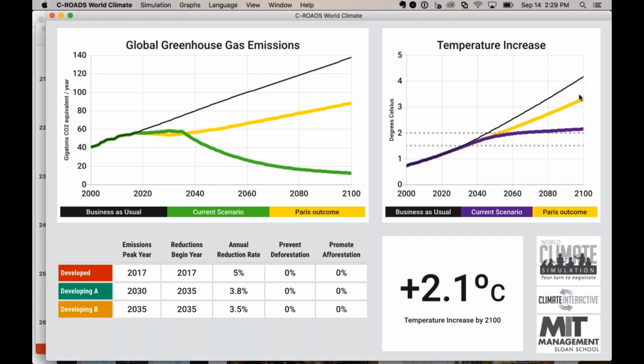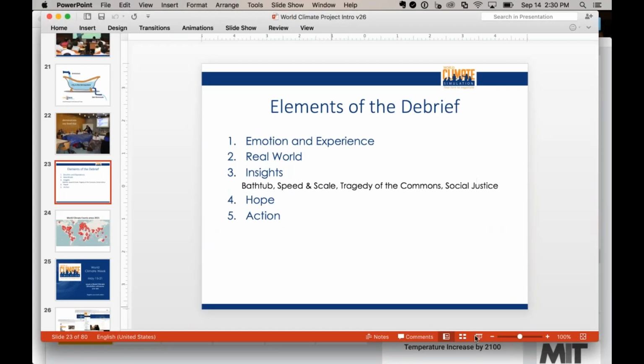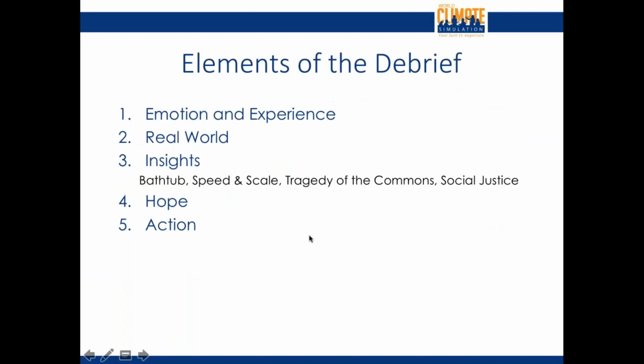And you can see that with just the policies on the table, we get to about 3.3 degrees of warming by the end of the century. So you can talk about that in the debrief, and any other insights that come up. The bathtub, I mentioned, questions like how fast we need to move, social justice, any other elements that seem appropriate.